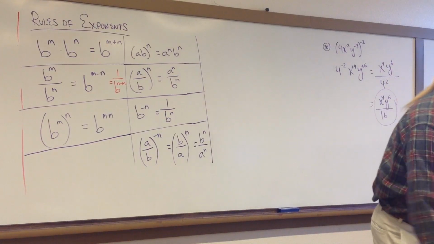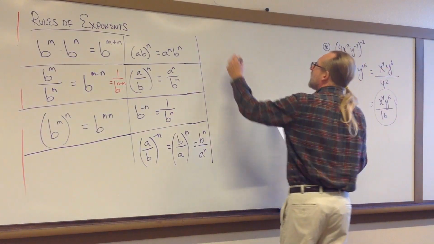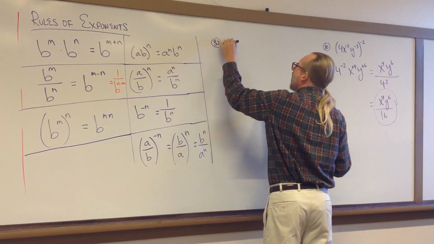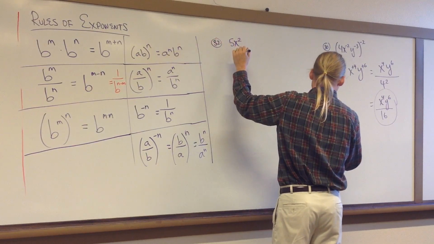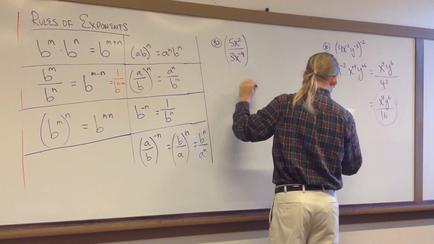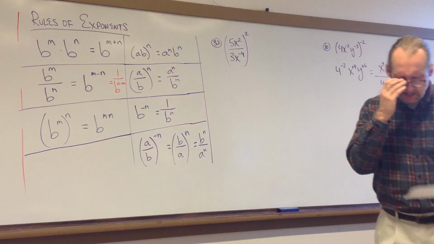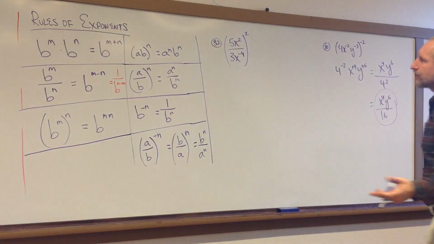Problem 32. 5x squared over 3x to the negative 4th, all squared. Well, I would move that x to the minus 4th.